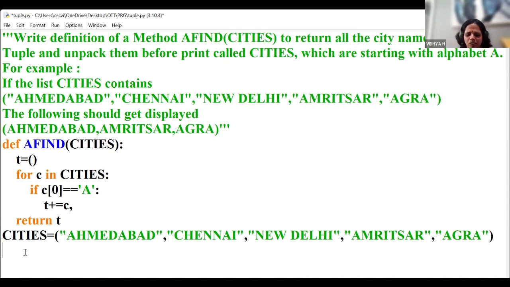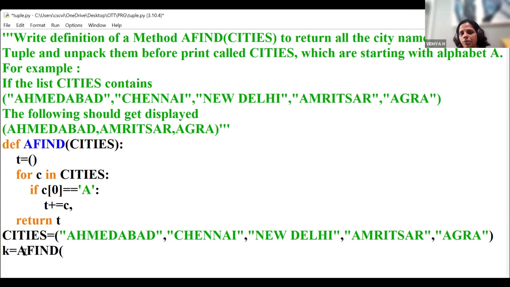So what I will do, I will write k is equal to the function name, which is a find, because I am not sure how many cities.